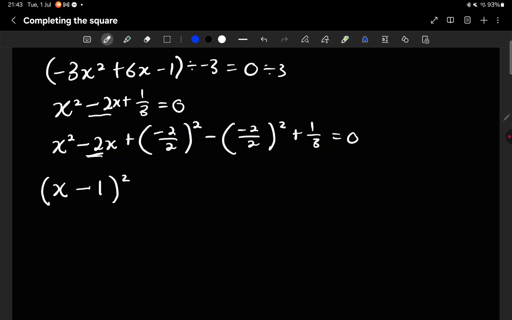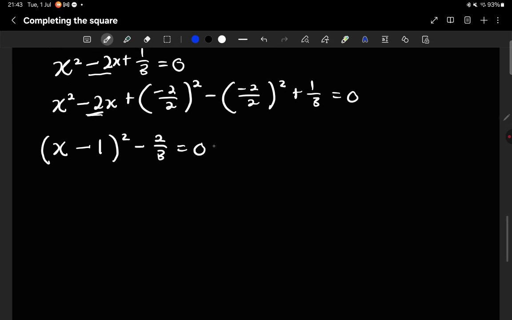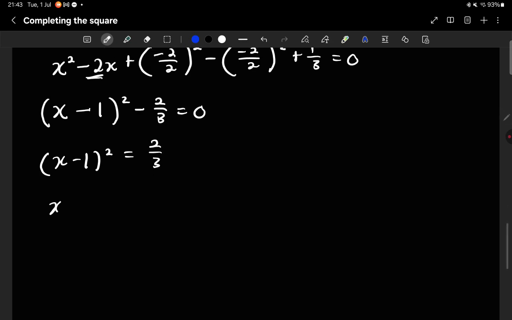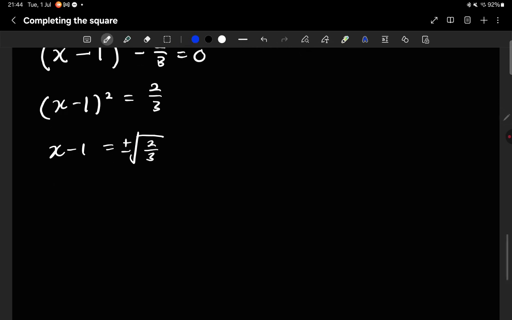So when you put in your calculator negative 2 over 2 squared plus 1 over 3, you get negative 2 over 3 is equal to 0. Now we are finally done, and we can solve for x. Bring the 2 over 3 to the other side and square root it, and remember, don't forget to add the plus minus sign.